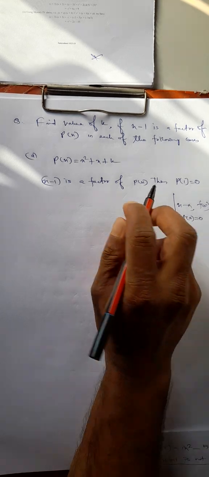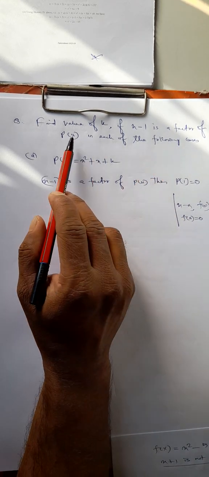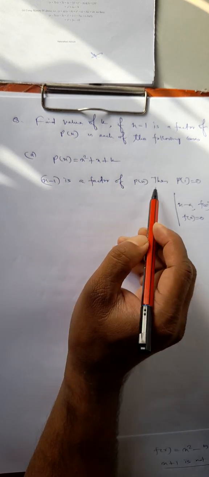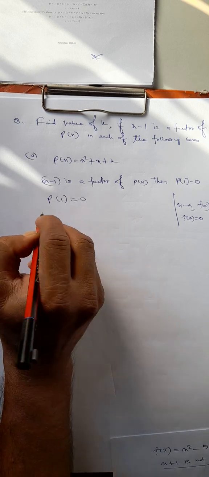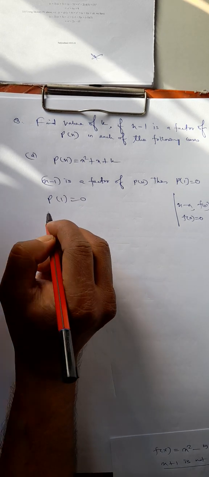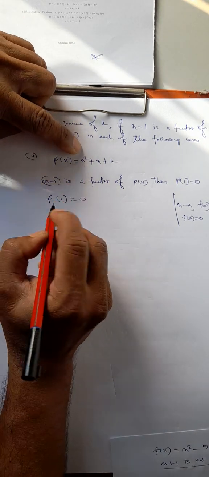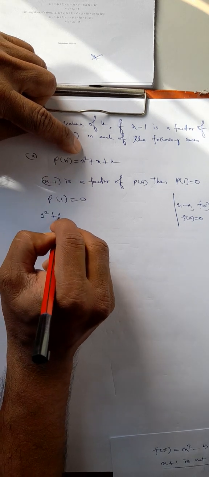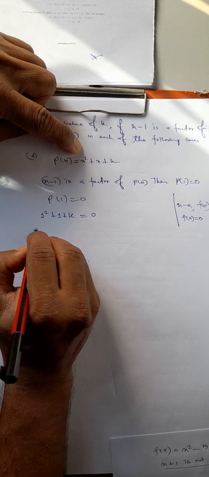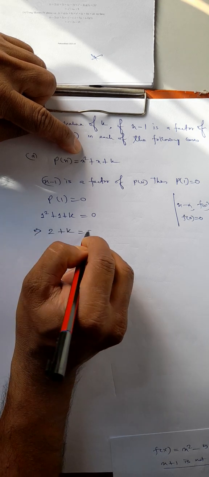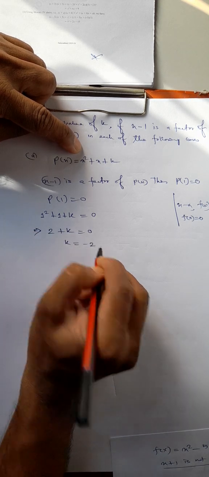This is the factor theorem. Now x minus 1 is a factor of this polynomial, so p(1) equals 0. Put x equal to 1 here: 1 square plus 1 plus k equal to 0. That means 2 plus k equals 0, k equals minus 2, right?